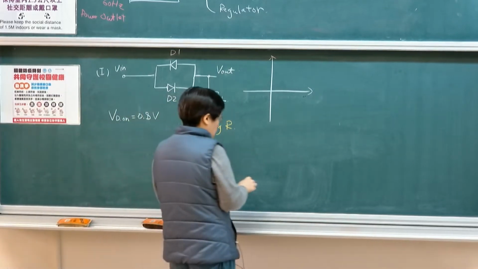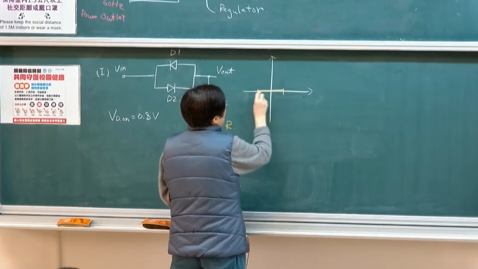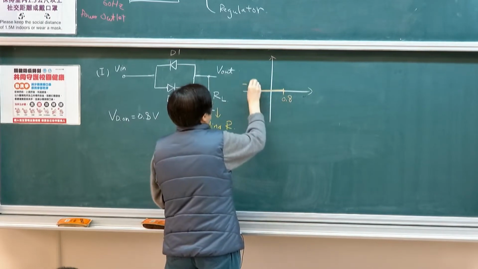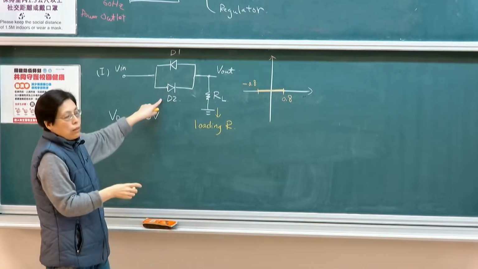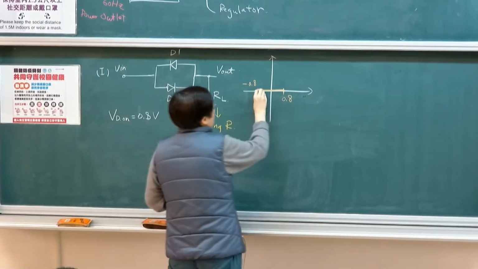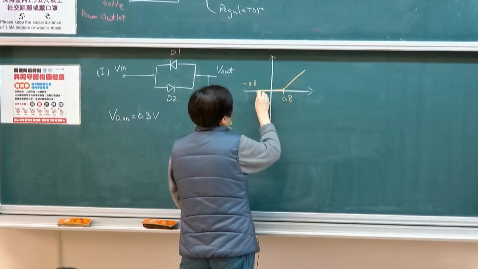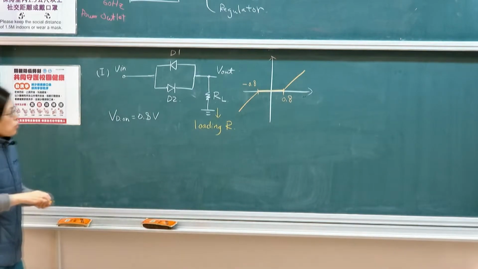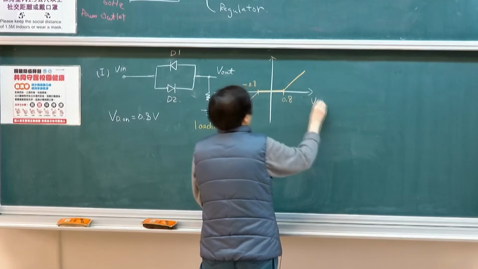It will look something like this: this will be 0.8, this will be minus 0.8, and there will be a dead zone within where no signal passes, and it follows afterwards. This is the transfer function, V in, V out.